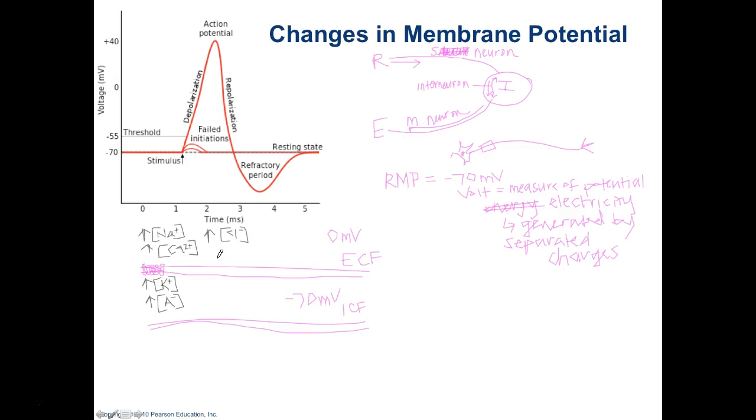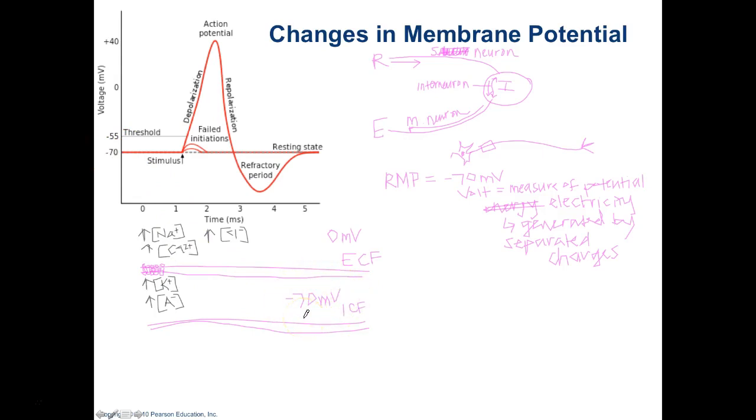Now you might be thinking, well, chlorine's negative. Yeah, but we have way more sodium out here than we do chlorine. And the same is true for potassium. We have way more positive sodium out here compared to the amount of positive potassium inside the cell. So that's why we have 0 millivolts at this level and negative 70 millivolts in the resting membrane potential.